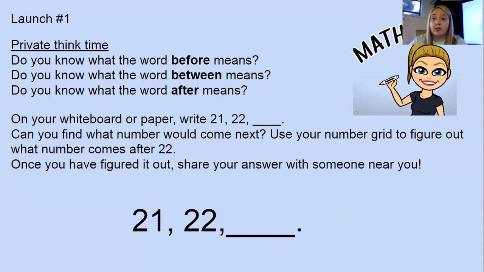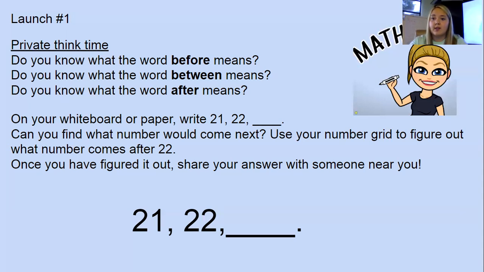So now what I want you to do is get out your whiteboard or your paper, whichever one you got out earlier, get it out. If you didn't quite get it out earlier, you can pause your video right now and get one of those out. It doesn't matter which one, just pick one. And when you get your whiteboard out, I want you to write 21, 22, blank on your whiteboard or your paper.